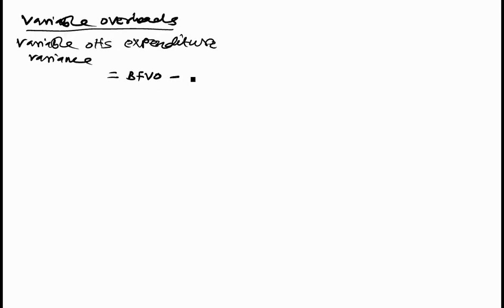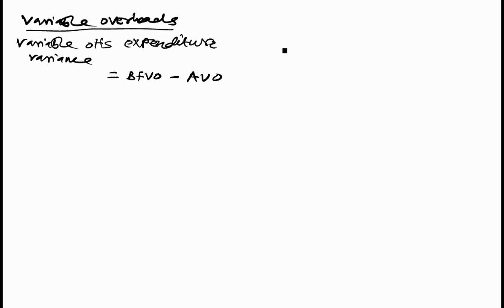We can begin with expenditure. So, variable overheads expenditure variance. The formula for that is budgeted flexed variable overheads minus actual variable overheads.